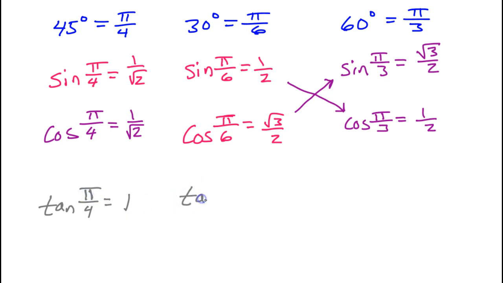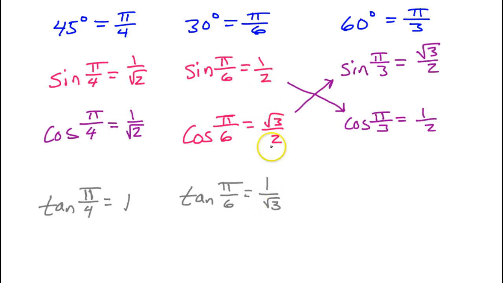What about the tangent of pi over 6? Well, I'm just going to do 1/2 divided by radical 3 over 2. Now look, these denominators, see how they're both 2? They just cancel each other out. Don't worry about that. Look at the numerators. So it'll be 1 over radical 3.